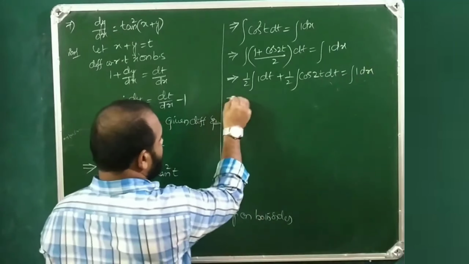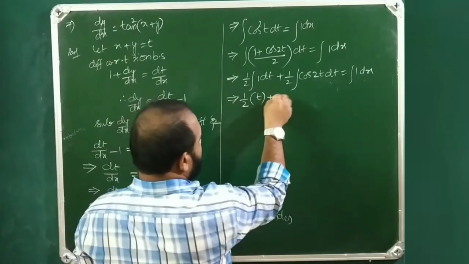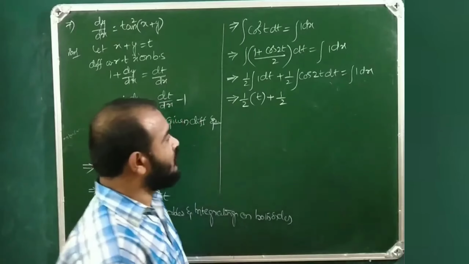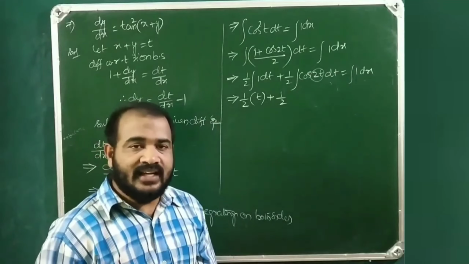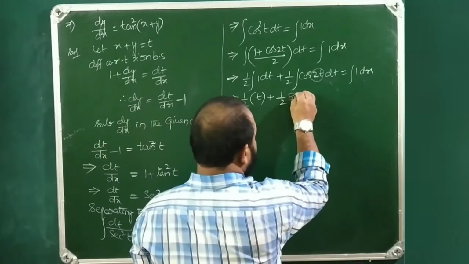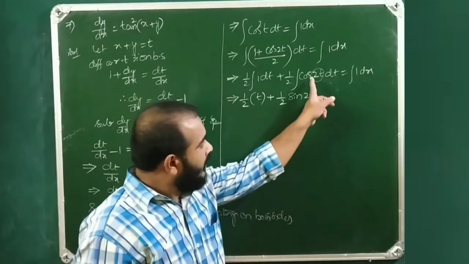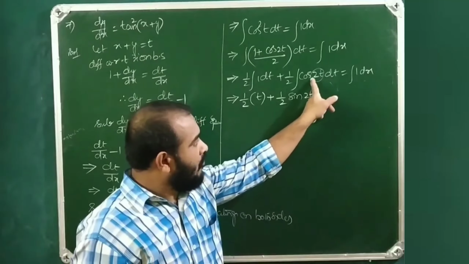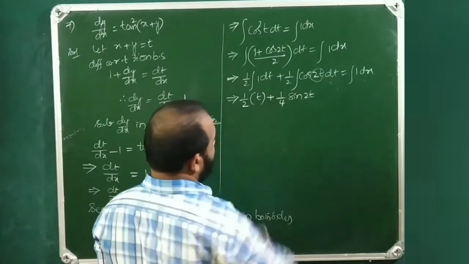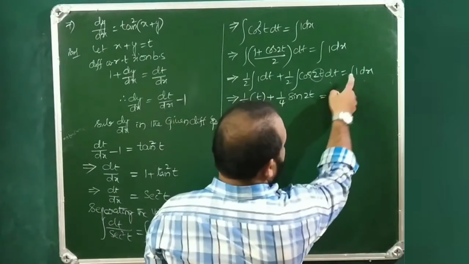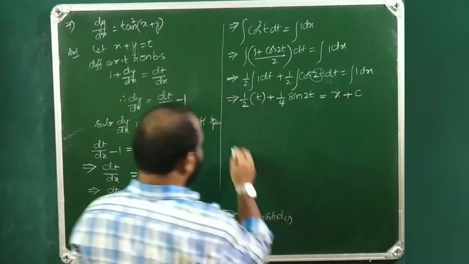This is equals to 1 by 2 integral 1 dt is t plus 1 by 2 integral cos 2t. Let us take this to be t. Integral cos x is sin x. So sin x is here 2t into, by d by dt of 2t is 2. 2 2's are here 4 is equals to 1 dx is x plus constant of integration c.